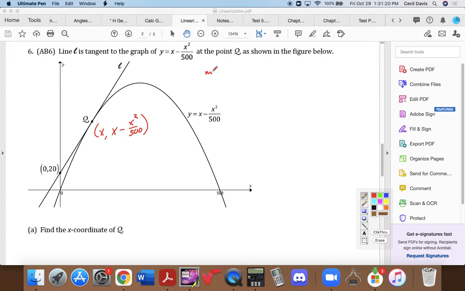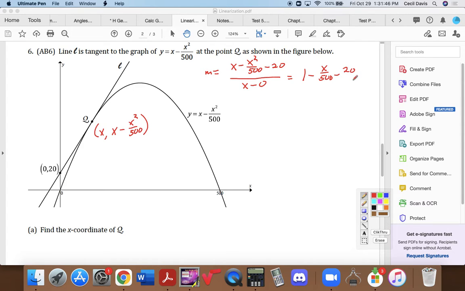So the slope would be the change in y, so that would be x minus x squared over 500 minus 20 all over x minus 0, or just x. So I'm going to go ahead and simplify that. That's 1 minus x over 500 minus 20 over x.